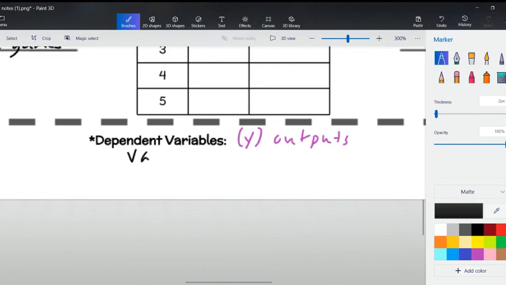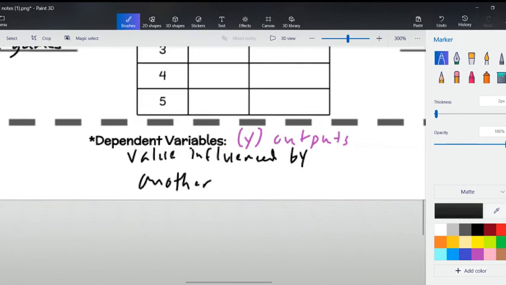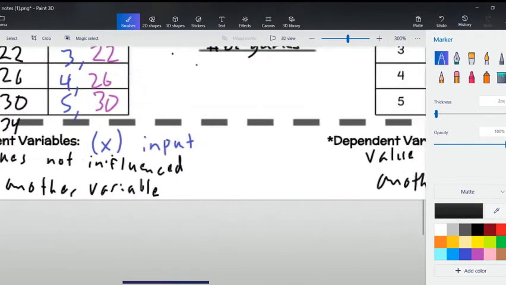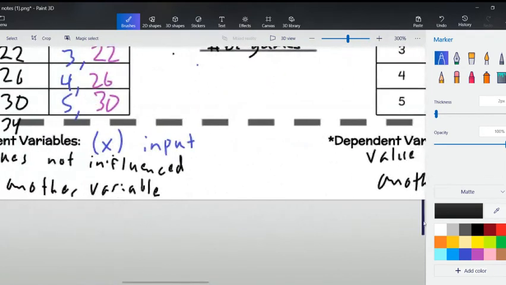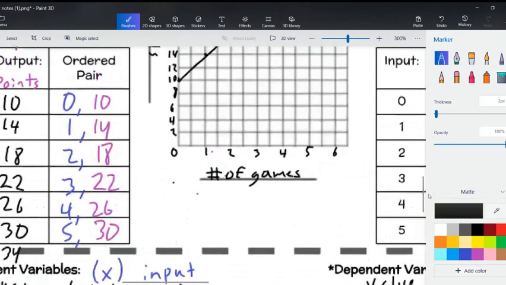These are values influenced by another variable. So for example, on the basketball one, the x value, the input, was the number of games. The y value was the number of points.